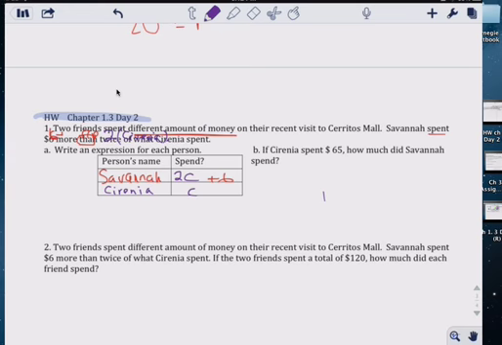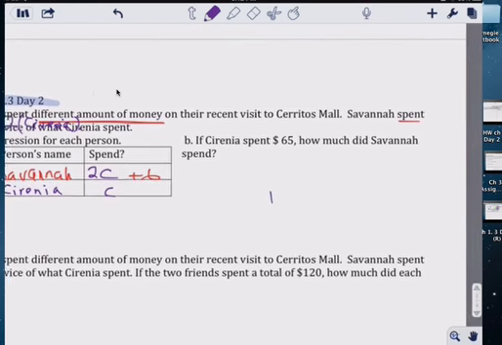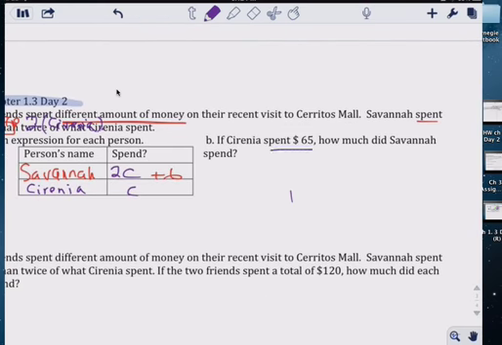Well, if Serenia spent $65, how much did Savannah spend? If Serenia, C, spent $65, we'll write Savannah spent right here so we know who we're talking about.